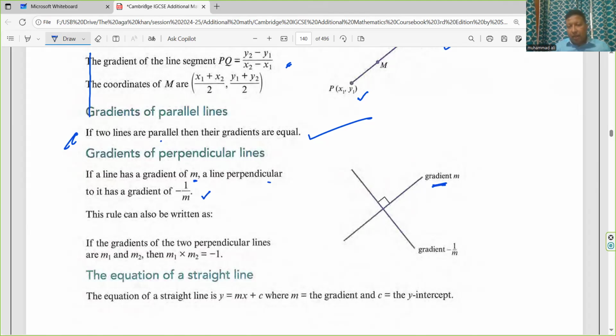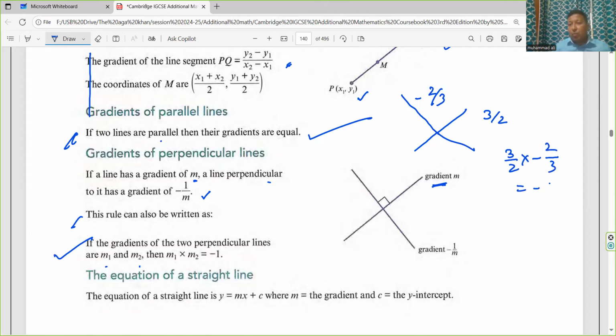This rule can also be written as: if the gradients of two perpendicular lines are m1 and m2, their product will be minus 1. This is a very important formula. Like if one line's gradient is 3 by 2, its perpendicular line's gradient will definitely be minus 2 by 3, because the product of both is minus 1.